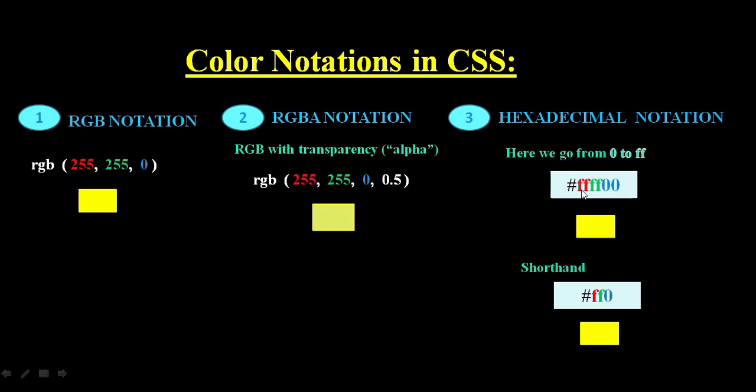That means instead of using two F's for the intensity of red, we can use a single F, and for the intensity of green we use a single F. For the shorthand notation, when all colors are in identical pairs, we can use this type of notation, which will give us the same resultant color, yellow.